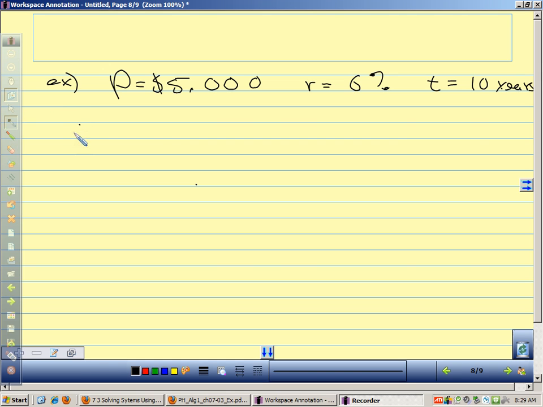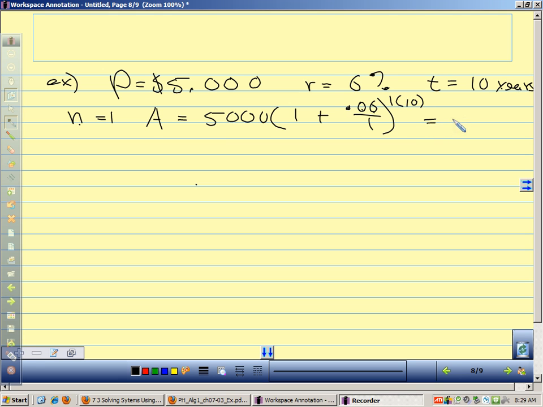So if we're compounding annually, n equals 1, and our amount is 5,000 times 1 plus 0.06 divided by 1, to the 1 times 10.